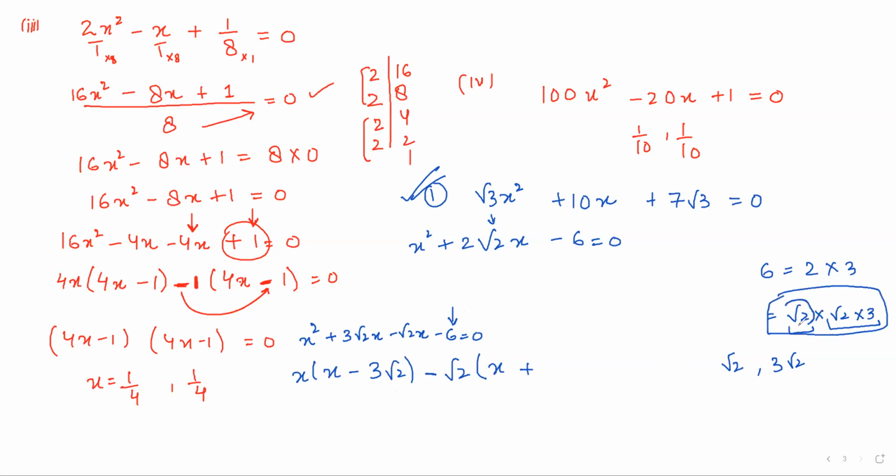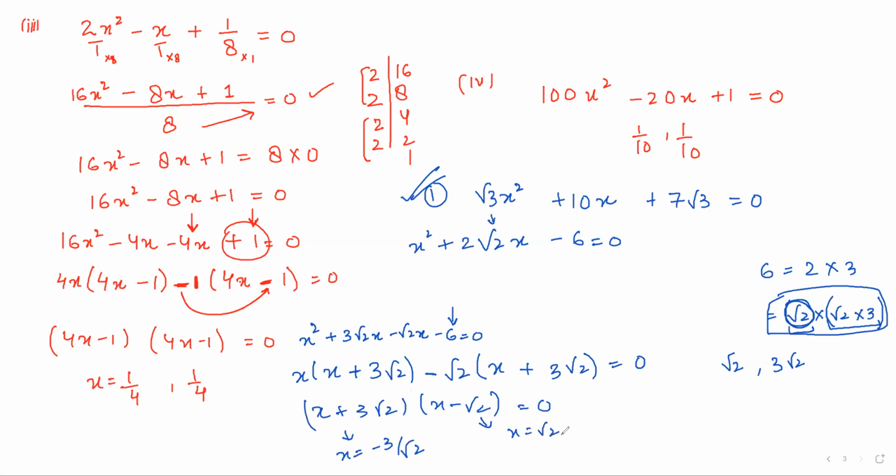Yes, so I have taken this thing outside. So ultimately I have to multiply it by this thing. So 3 root 2 will come here. Is that okay? Okay, now, oh, sorry, this was plus, not minus. So x plus 3 under root 2 and then x minus under root 2. So now you have got your two factors. So this will give you x is equal to minus 3 by root 2. This gives you x is equal to root 2, right? Simple. So you just have to learn how to break the middle term.